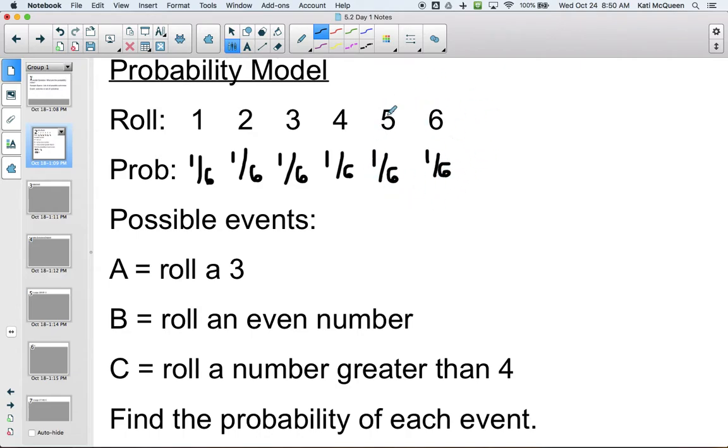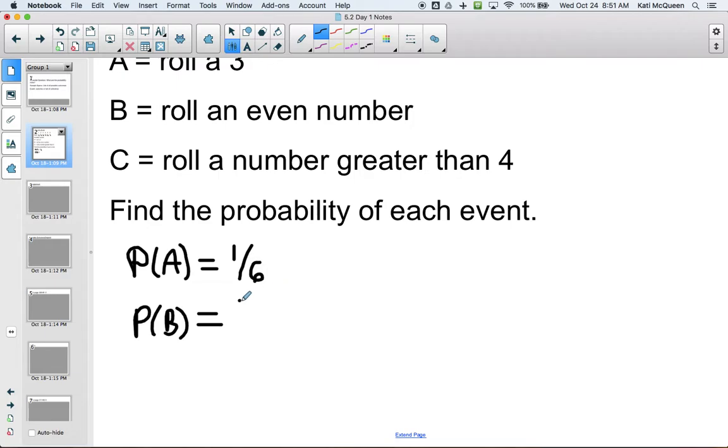So from here, I have 2 outcomes that are greater than 4 out of my sample space, which has 6 equally likely things, or 1/3. Oops, that was for C. Sorry. I'll just change it. So I was looking at a number greater than 4, so that would be C.